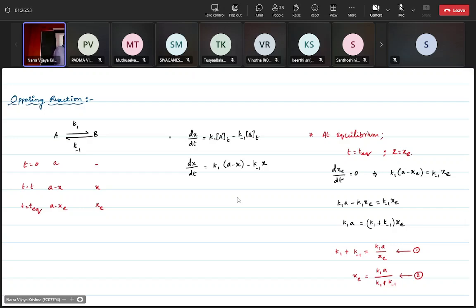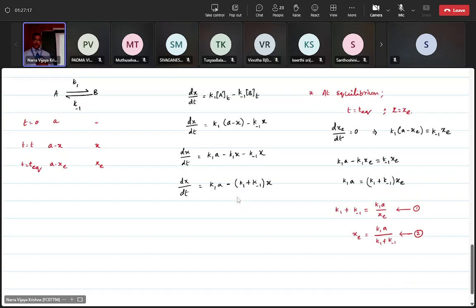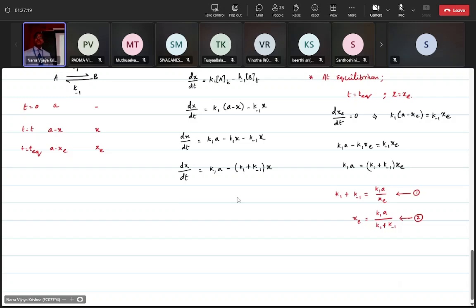Now, I am writing this as dx upon dt equal to K1A minus K1x minus K minus 1x. Dx upon dt equal to K1A minus of K1 plus K minus 1 into x. Correct, sir?